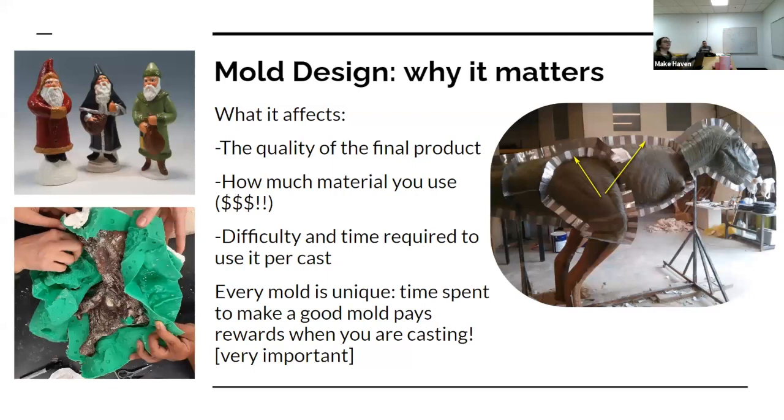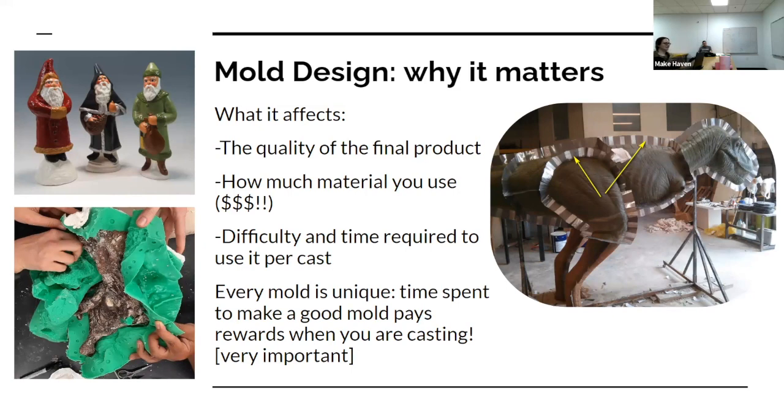So the design of a mold is the thing that's going to influence your outcome the most. There are a lot of different factors, but it'll affect the quality of your final product, meaning how good does that cast that you take out of the mold look? Is it messy? Is it full of bubbles? Is it clean?